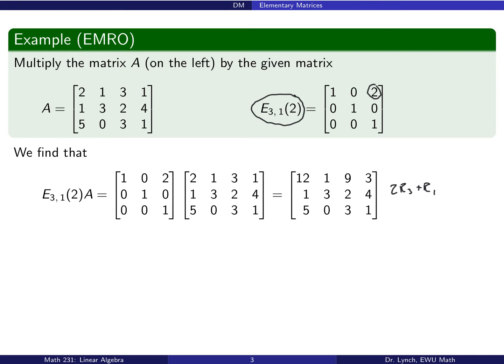So this is a familiar row operation too. It turns out that row operations can always be accomplished by matrix multiplication. We call the matrices that accomplish such row operations elementary matrices.